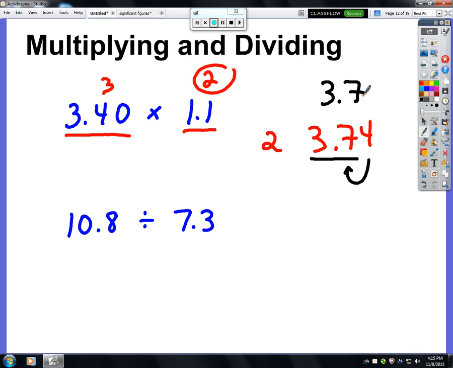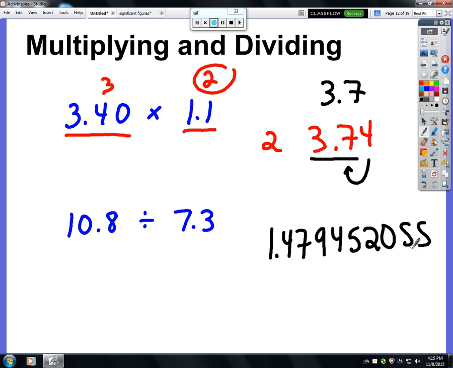If I take 10.8 and divide it by 7.3, I get 1.479452055. There's no way in the world that I can report this number to this degree of precision and accuracy, because I have three significant figures here and only two here.